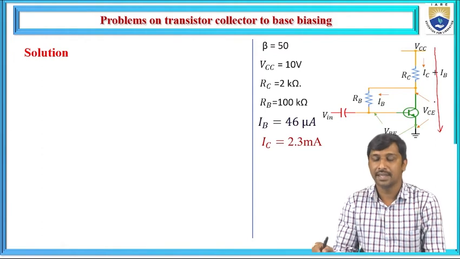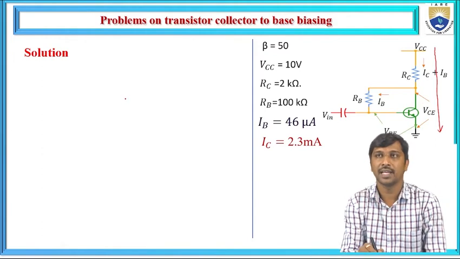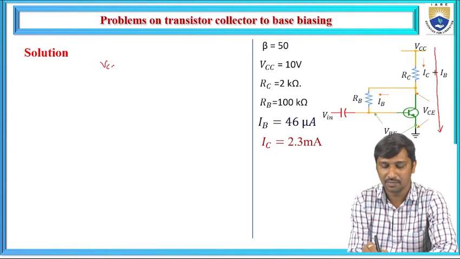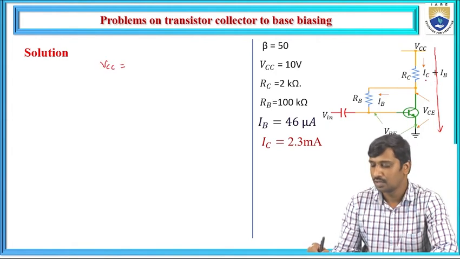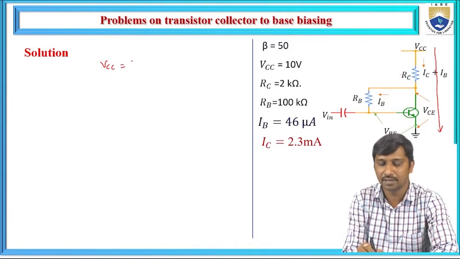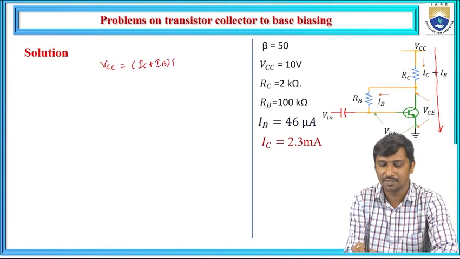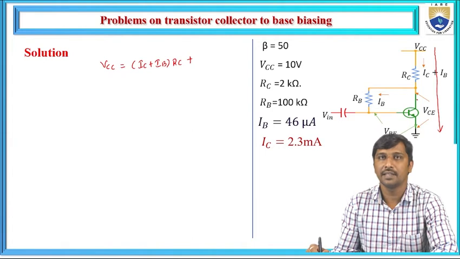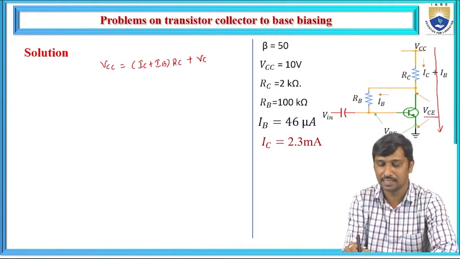Based on this KVL principle, if we write the KVL loop equation at the output side, VCC is equal to the voltage drop across RC, where the current flowing through RC is IC plus IB, plus the potential difference between collector and emitter, that is VCE.